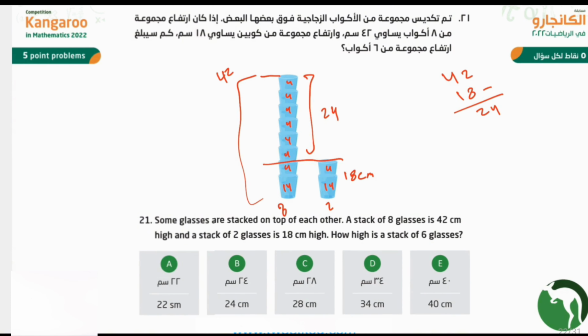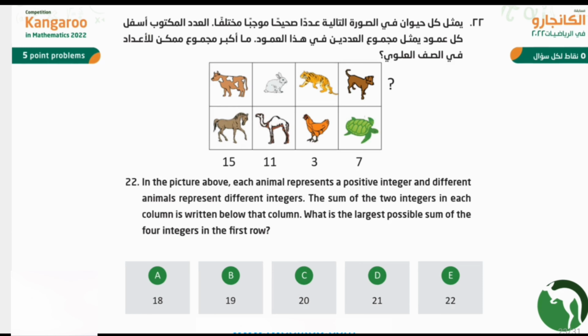Now they are asking us for 6 glasses, so we count 1, 2, 3, 4, 5, and 6. So it is 42 minus these two cups here. 42 minus 8 will give us 34, and D is the correct answer.